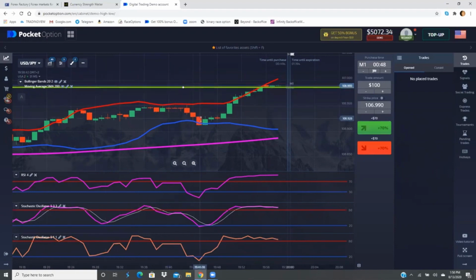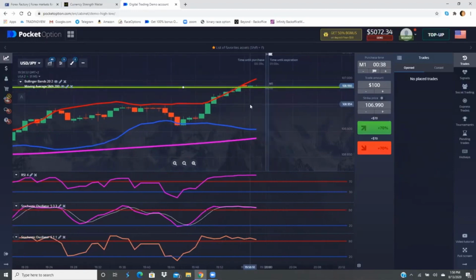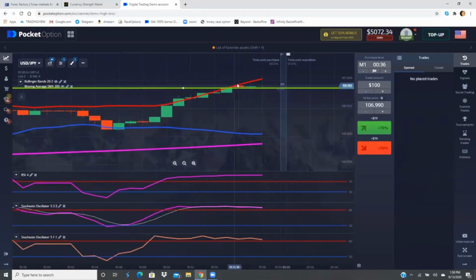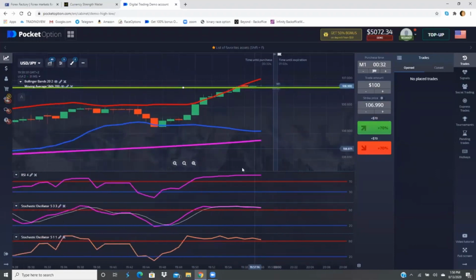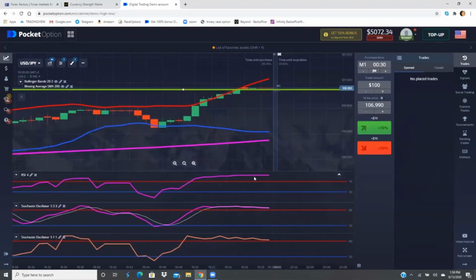So we already know now that USD is strong. The candlesticks are above the moving average. So we only want to look for buys. And what happened? It's kind of like passing my area of support and resistance. And look, none of these turned around yet. So this is really strongly a buyer's market.